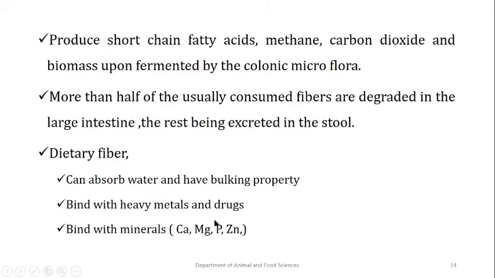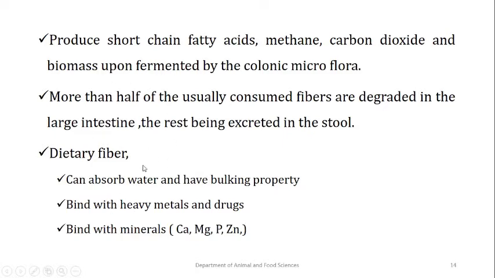That is why, under complex carbohydrate, I mentioned that the complex carbohydrates can bind with other nutrients like minerals and vitamins. It is due to the fiber.